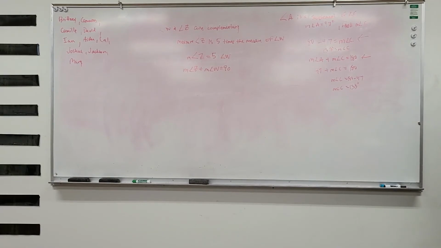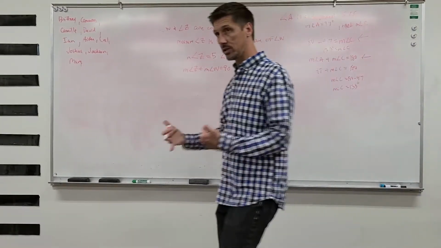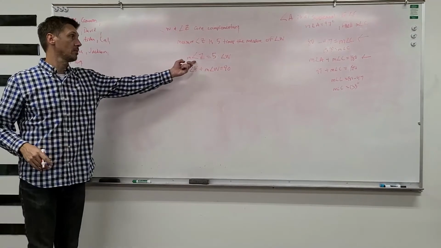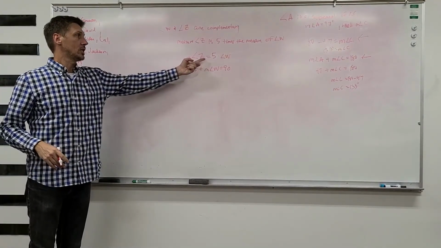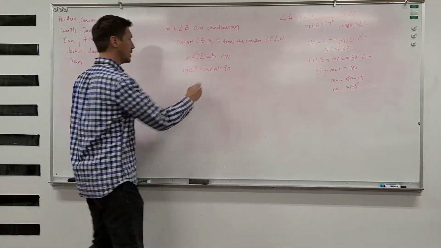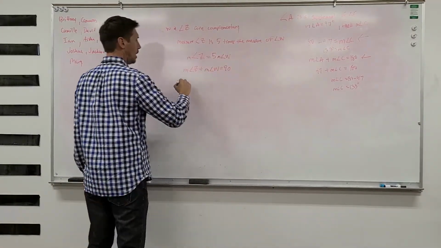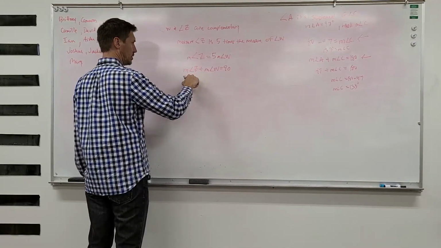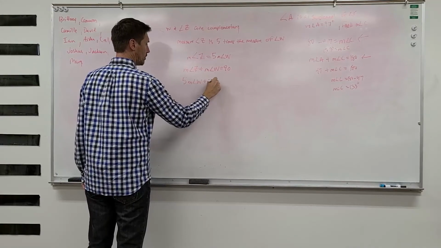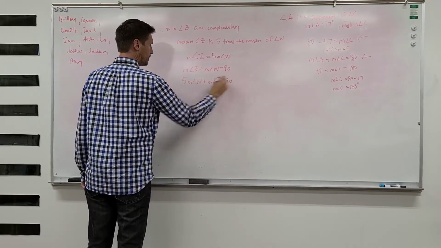So now I've got 2 variables, 2 unknowns, and 2 equations, so I'm good. The easiest thing for me to do, since I've already solved for the measure of angle Z here, is just take 5 times the measure of angle W and move it down here in the place of angle Z. So we would do 5 times the measure of angle W plus the measure of angle W equals 90.